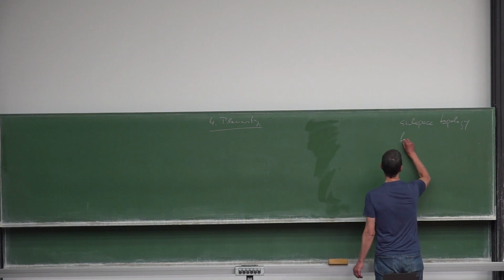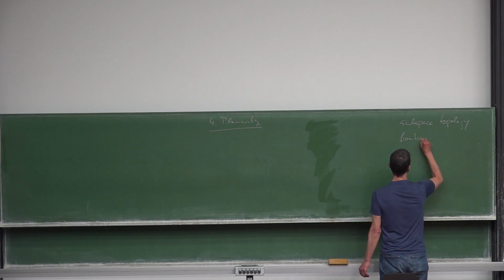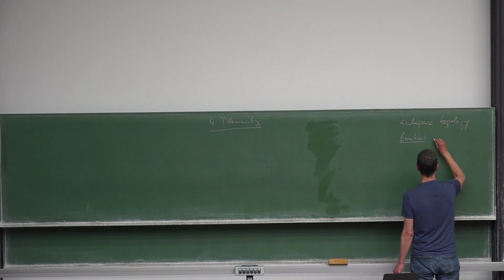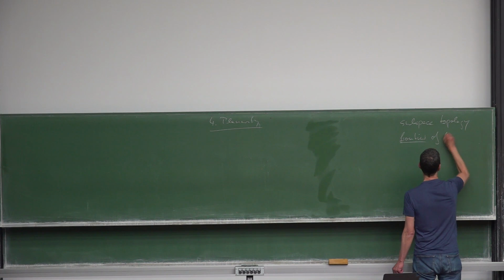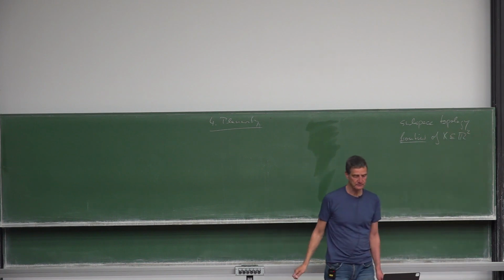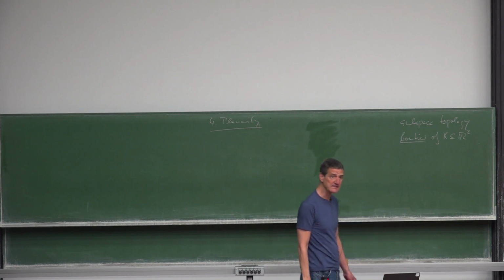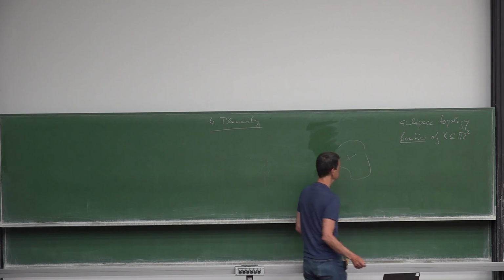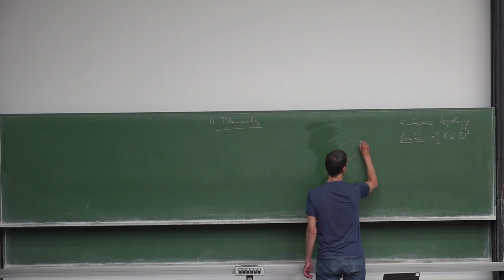Then I need the notion of the frontier of a subset of the plane. The definition of that is simply: you have your subset X somewhere and a point.